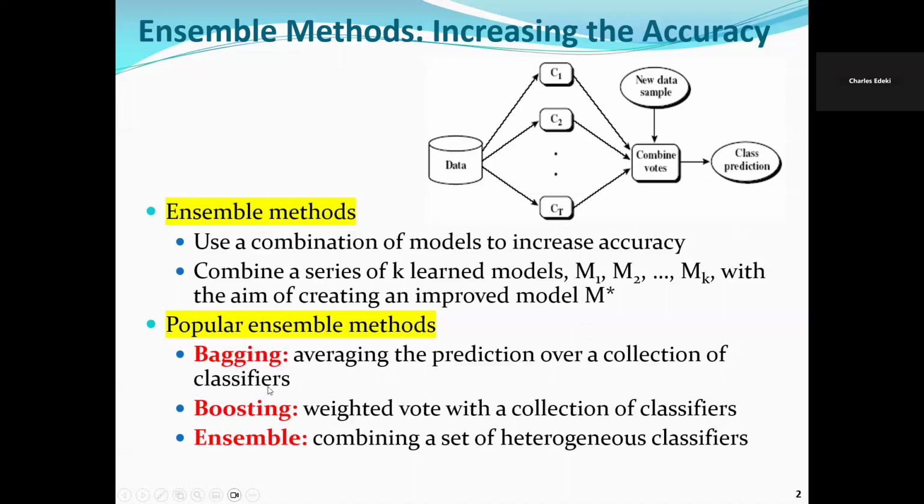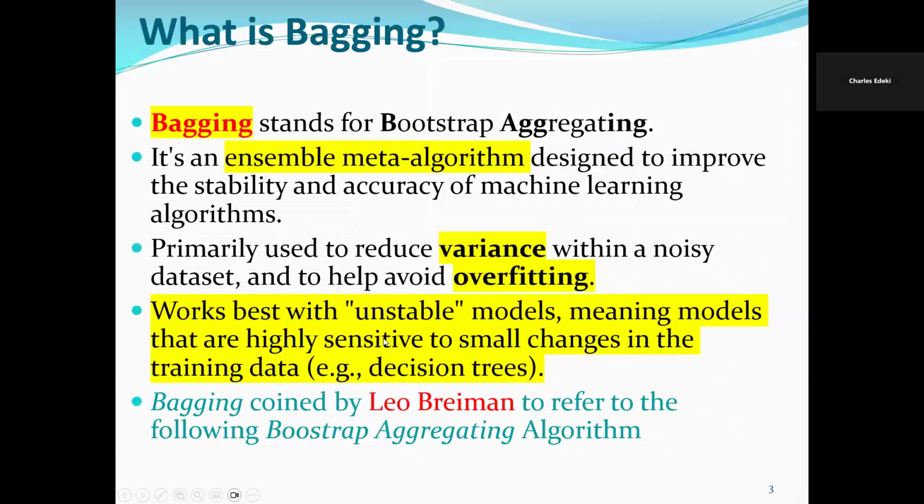The popular ones, as we said earlier, are bagging, boosting, and also the stacking method. And in these lectures, we are discussing the bagging process. So one more time, we use ensembles to improve accuracy, but also to reduce overfitting.